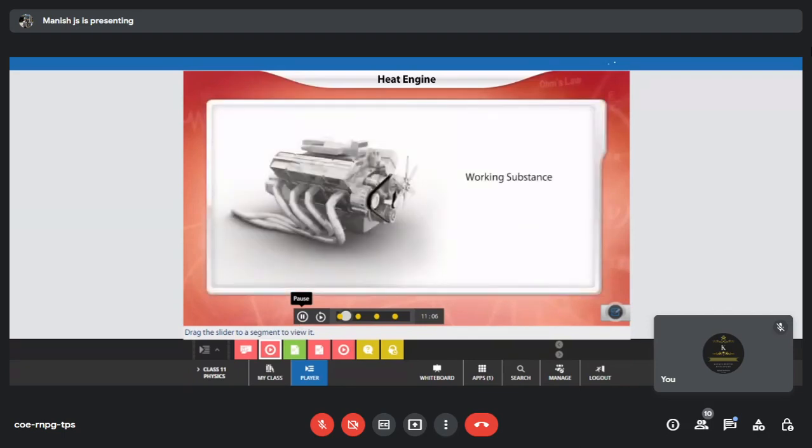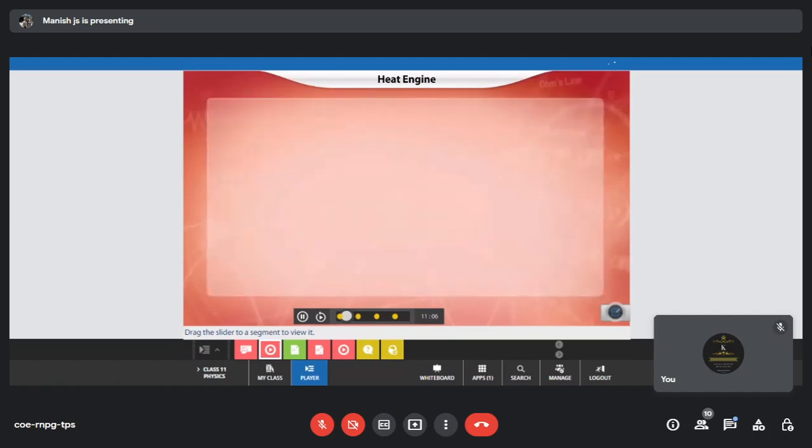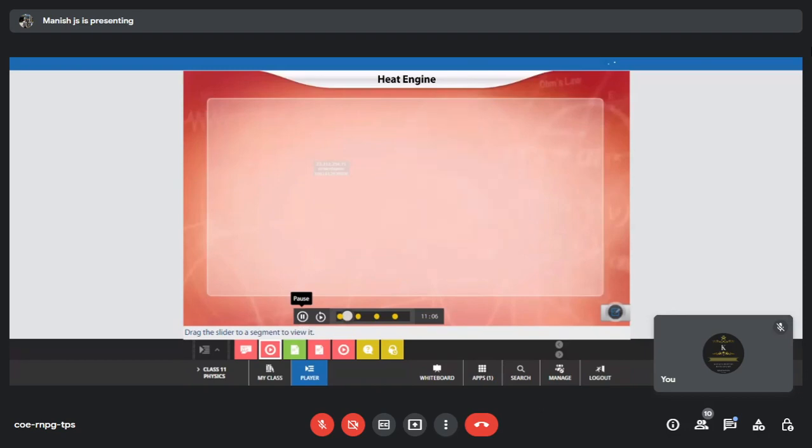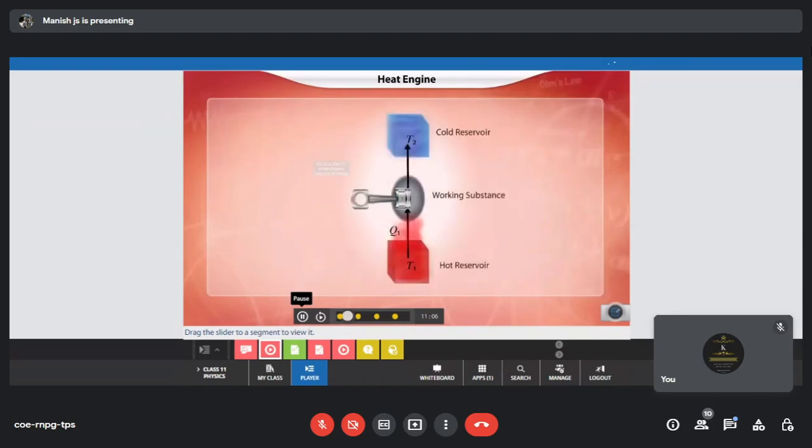The working substance can be steam as in a steam engine or a mixture of fuel vapor and air as in a diesel engine. The working substance, a gas in this case, absorbs an amount of heat Q1 from the hot reservoir at temperature T1. The system uses this heat energy to perform an amount of work W, which is transferred to the environment via some arrangement.